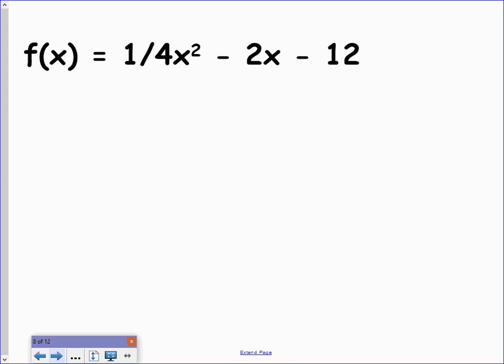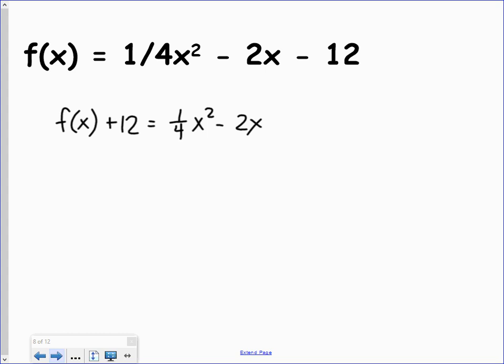So talk to me about some things you would do to start rewriting this with completing the square. I would probably move that constant, right? Instead of minus 12, I would add 12. Because you could complete the square of 12 over there, but like I said, I think most of us will do a little bit better if we focus on just the x squared and the x term.